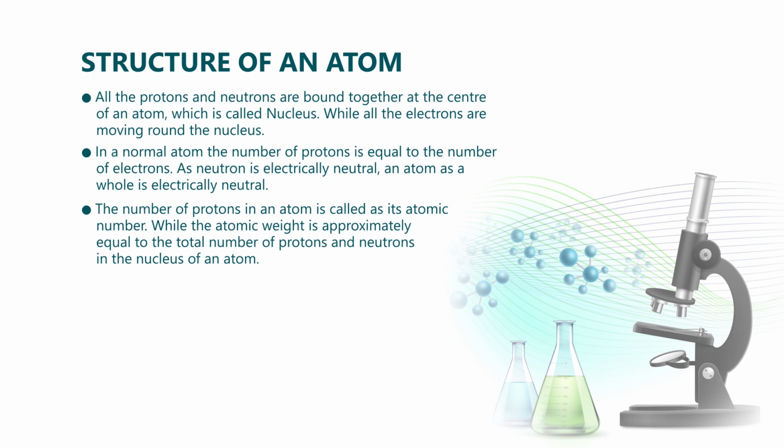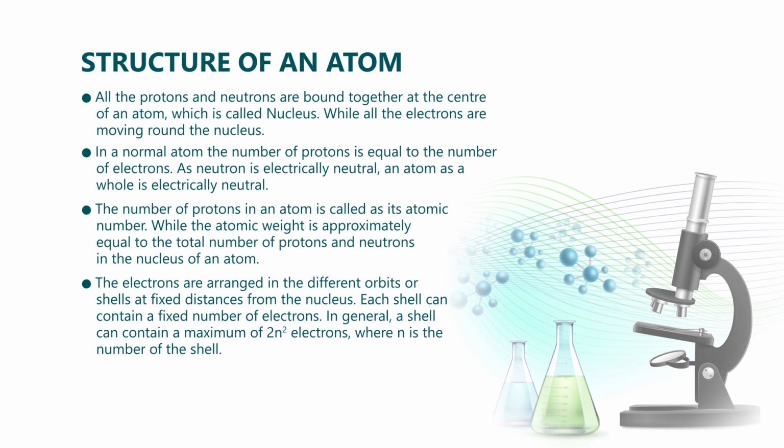That is, the term atomic number refers to how many protons are present in an atom, while the sum of the protons and the neutrons in an atom's nucleus is roughly represented as atomic weight, also known as atomic mass.